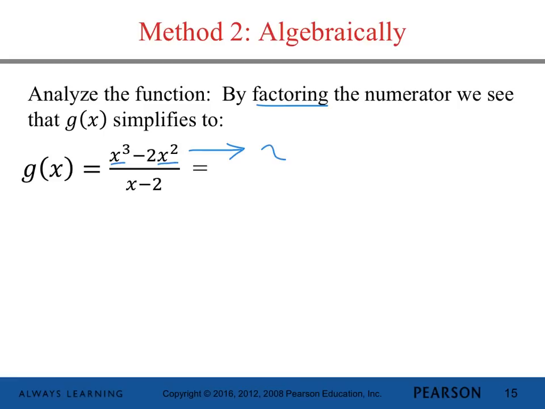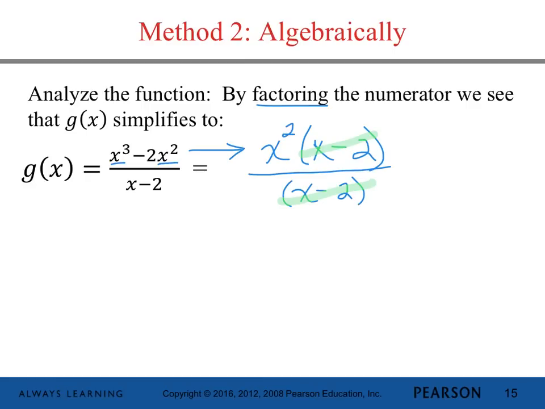We can simplify the numerator by factoring it, because it has a common factor of x squared. So if we factor out x squared, that factors to x squared times x minus 2. And of course that's over x minus 2. And we all know that x minus 2 and x minus 2 are common factors.